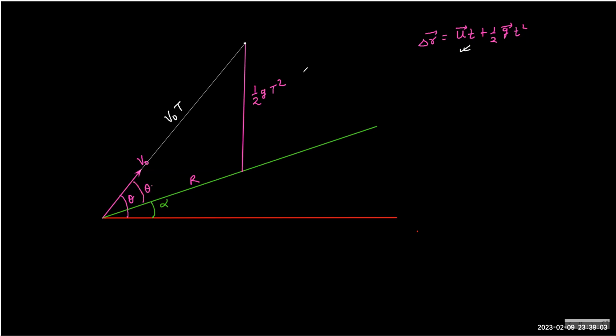I know this is theta. I'll change the color. So I know this is theta minus alpha. I know this is 90 minus theta. This is 90, so this entire thing is theta. And this is 90 plus alpha.